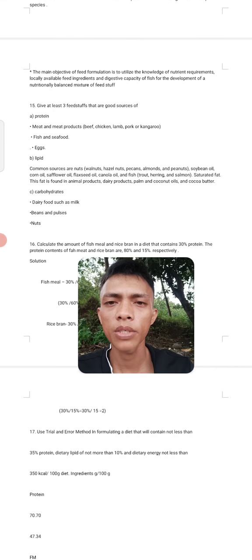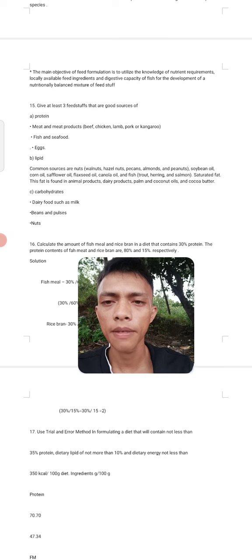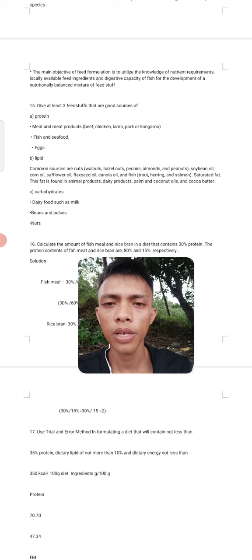Give at least 3 feedstuffs that are good sources of protein: meat products, beef, chicken, lamb, pork, or kangaroo, fish and seafood, eggs. Number B. Lipid. Common sources are nuts, walnuts, hazelnuts, pecans, almonds, and peanuts, soybean oil, corn oil, sunflower oil, flaxseed oil, canola oil, and fish, trout, herring, and salmon.